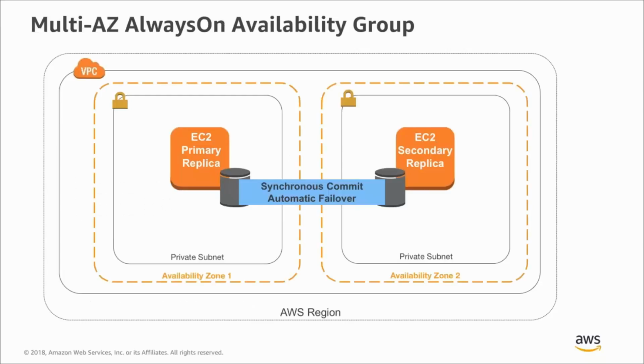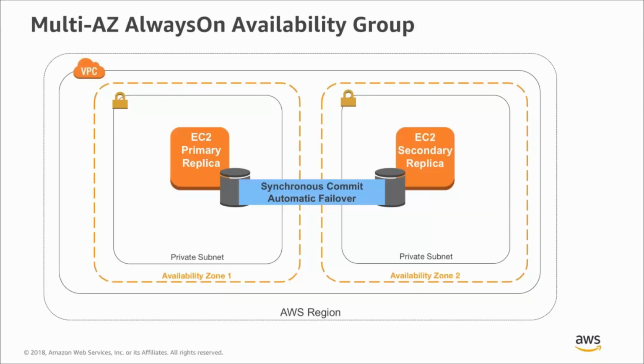A very common HA/DR technology that we see our SQL Server customers use is Always On availability groups, leveraging our multi-AZ global infrastructure. How this works is you set up a primary in one availability zone and a secondary in another availability zone. Always On lets you do synchronous commit and automatic failover for a cluster of databases, unlike mirroring, which is set up for a single database.